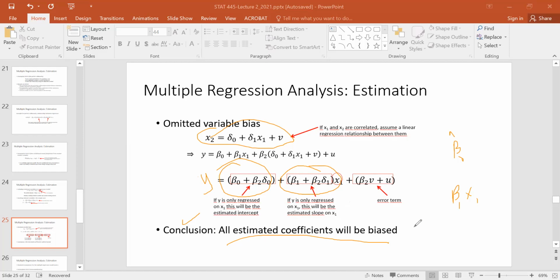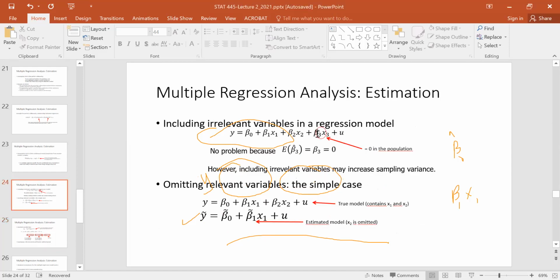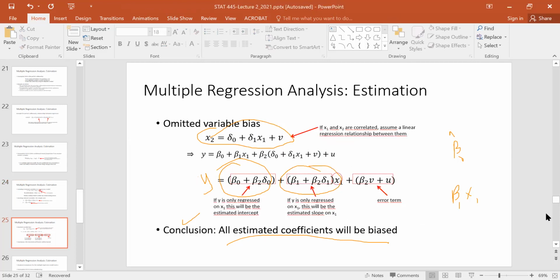The variance of the estimates, beta 0 hat, beta 1 hat, beta 2 hat, will not necessarily be bigger. But the effect is that the coefficients will be biased. The opposite happens over here. Here, we are not concerned about bias, because in the population this is actually 0. We are concerned that we've added another term, which is irrelevant and may increase the sampling variance. Remember that. I like this question, asking the consequence of an irrelevant variable, and the consequence of omitting a relevant variable.